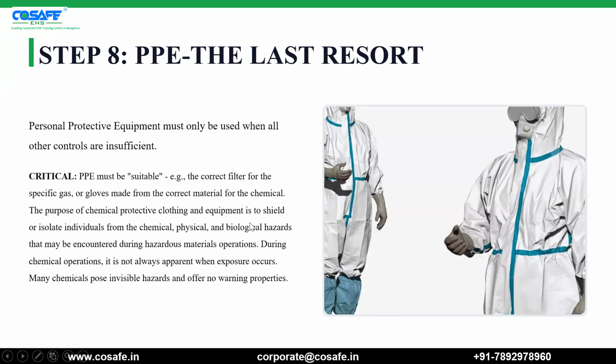As we know, PPE is the last line of defense and the least effective thing we can implement, as it only provides a certain level of protection to personnel from the hazard. So whenever implementing controls, you go for PPE at last. Got it?